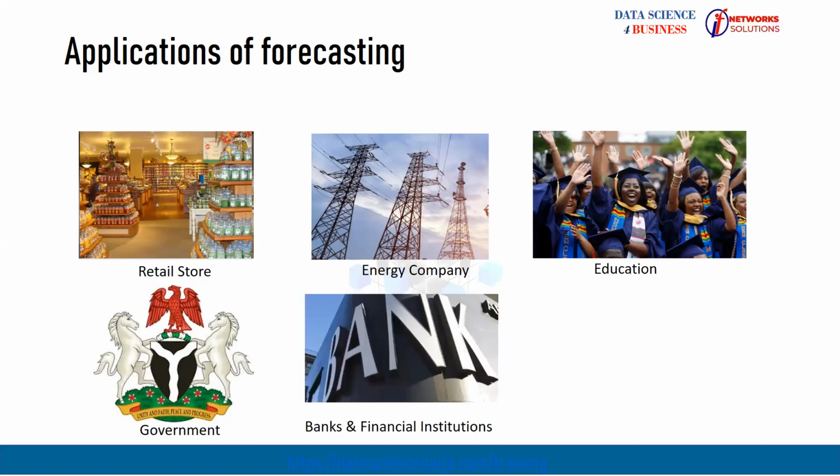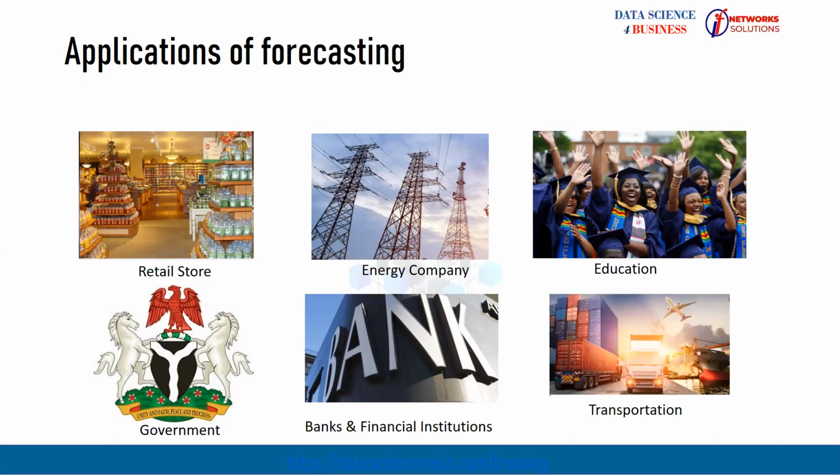Banks are not left behind too. Banks and financial institutions can use it to forecast home purchases. Financial organizations like the World Bank and the International Monetary Fund usually use forecasts to forecast inflation and economic activity.